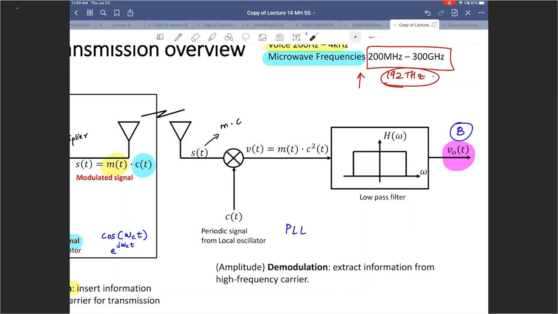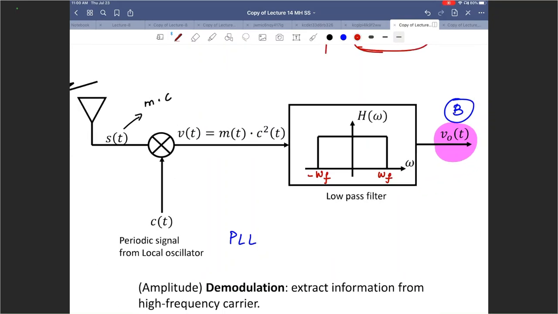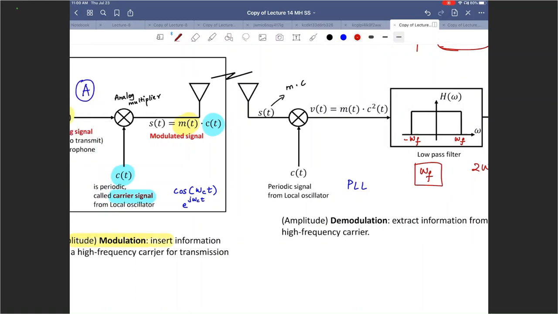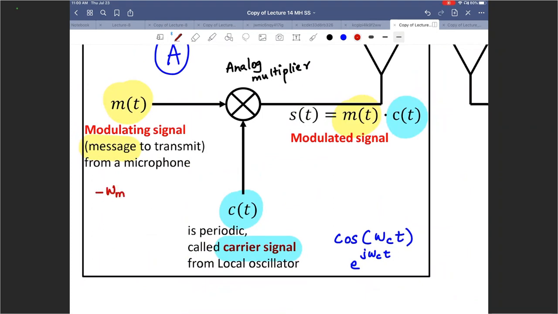The low pass filter, say I have some frequency omega f. I'm going to call the cutoff frequency of my low pass filter omega f. And I'm going to make sure that omega f is chosen in such a way that it does not allow 2 omega c to go through, but it does allow how much? Let's say our message signal is between negative omega m and positive omega m, where m is being used for message, right? So I'm essentially band limiting the message signal to plus and minus omega m.